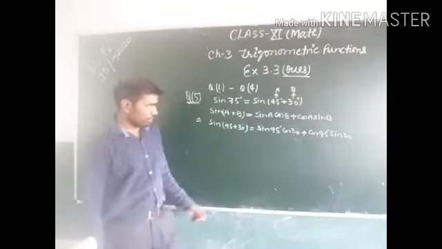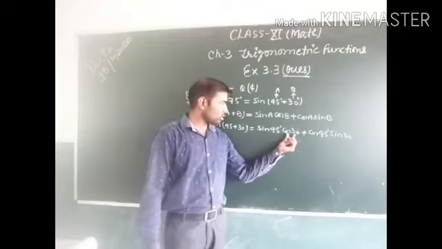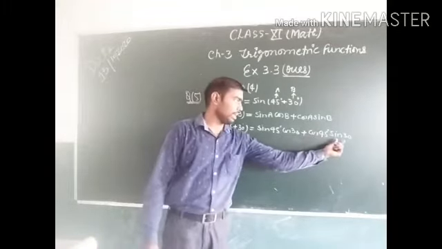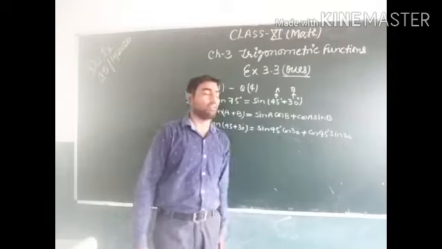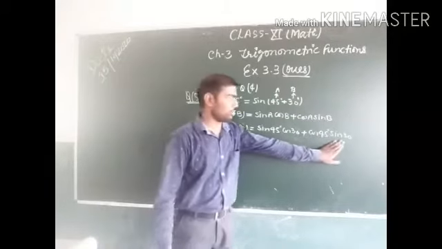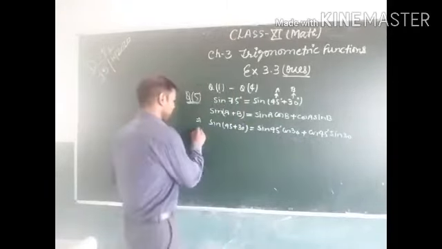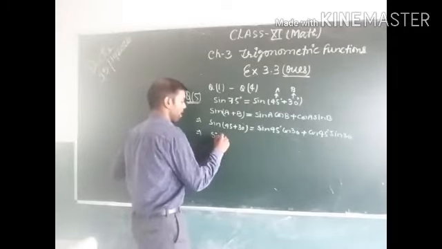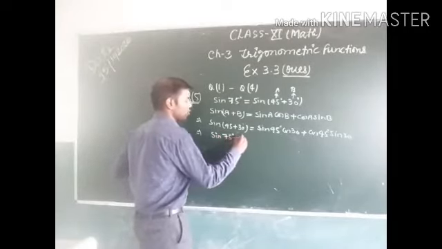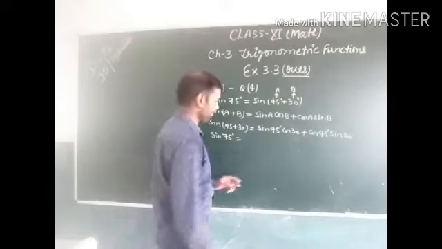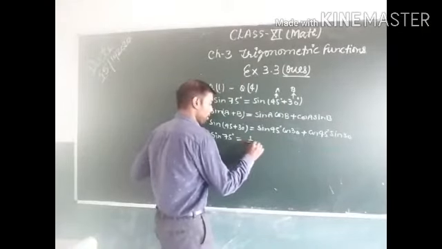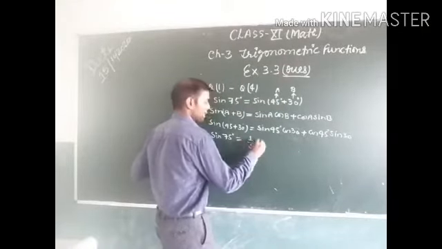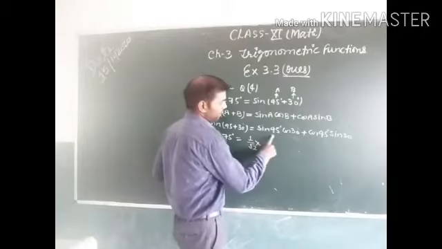We already know the values of sin 45, cos 30 degree, cos 45 degree and sin 30 degree. So we put the values of all the given trigonometric ratios. So this is sin 75 degree and is equal to, what is the value of sin 45? This is equal to 1 upon root 2, into cos 30.